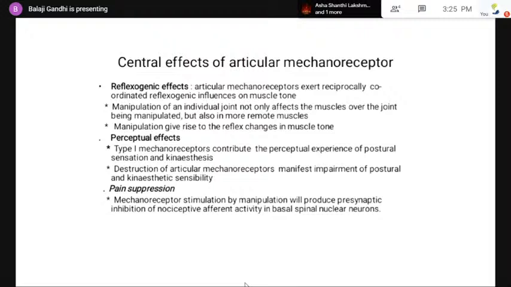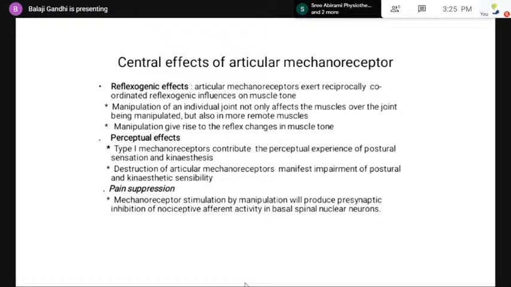Everything he is able to feel, because the type 1 mechanoreceptor keeps the brain informed about the position or movement sensation of the joints. So destruction of the articular mechanoreceptors manifests as impairment of postural and kinesthetic stability. If the type 1 mechanoreceptor is damaged, the patient will have impairment of the position sense or the movement sense.